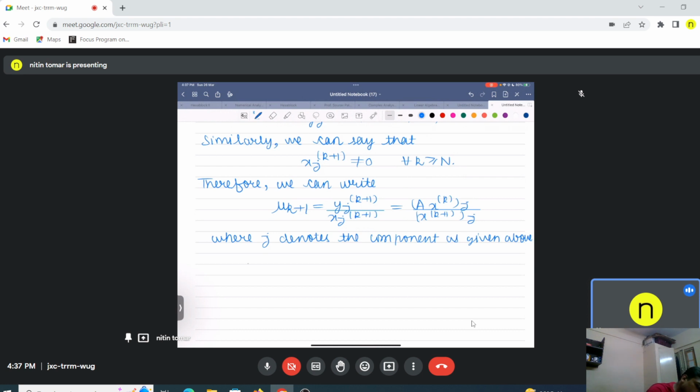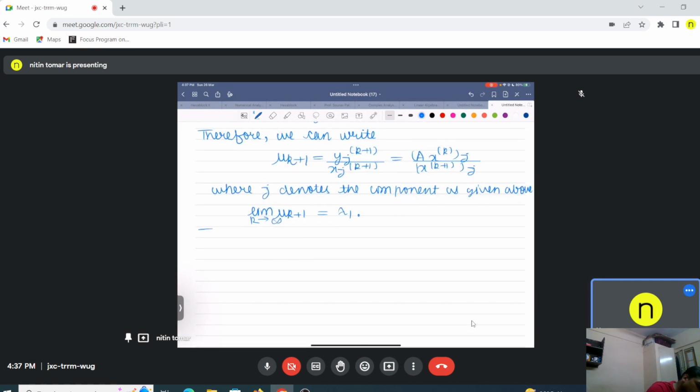Now taking limit, we know that this limit will actually go to lambda 1, and the proof is complete.